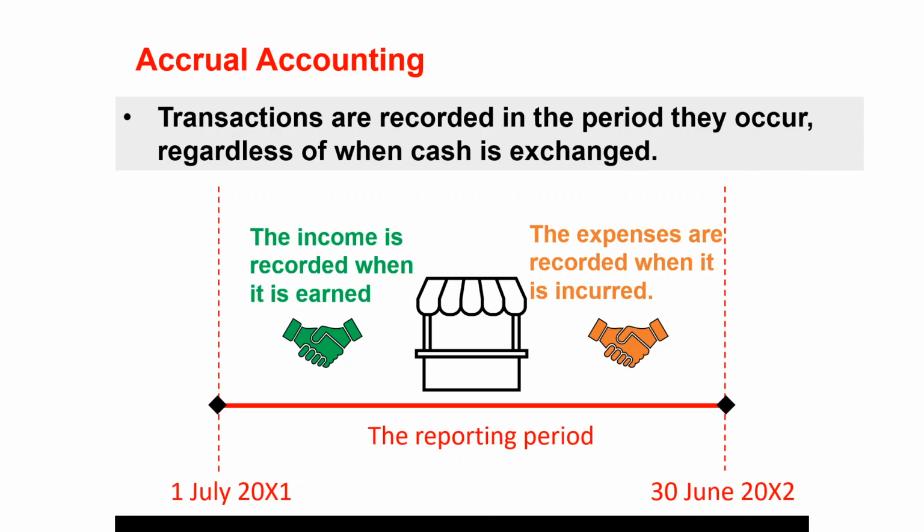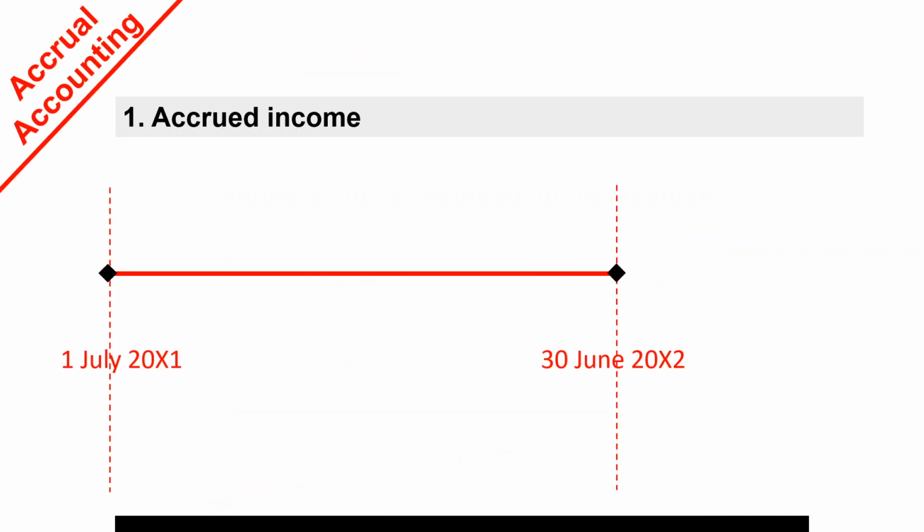There are 4 key transactions that you need to understand carefully when recording on accrual basis. Let's go one by one. The first one is accrued income. During the accounting period, the business has provided goods or services to a client and issued an invoice.